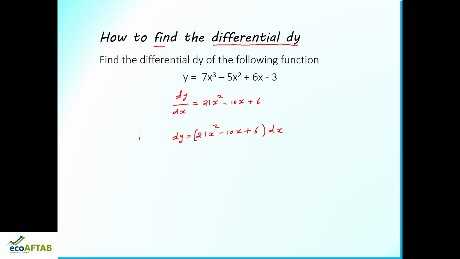So this is the first case. What I wanted to tell here is how to find the differential dy. So simply derive, and after derivation, dy is equal to your answer multiplied by the denominator, that is dx.